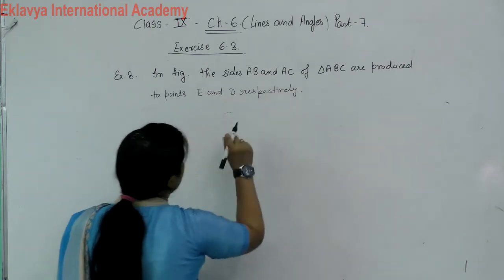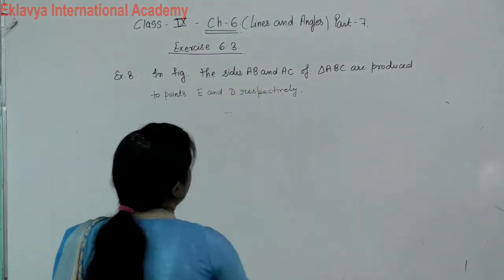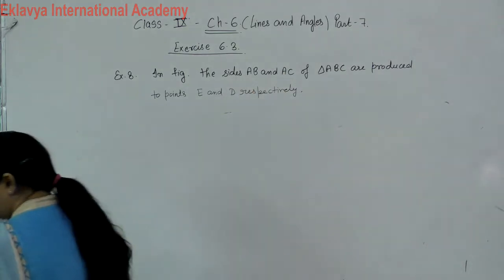Respectively means when you produce AB, you have point E, and when you produce AC, then you have point D.